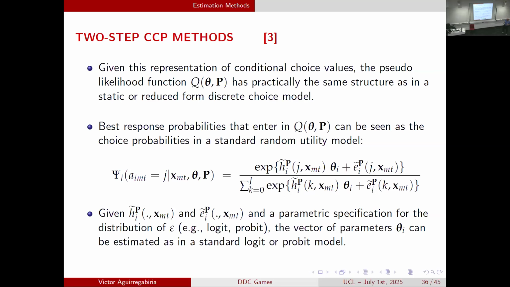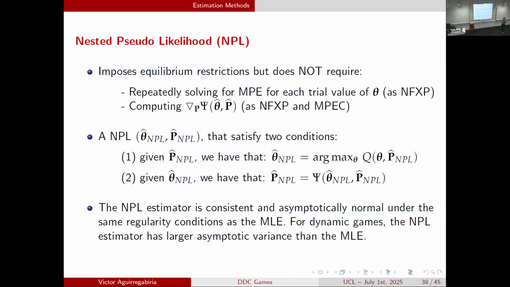The second condition is that these choice probabilities should be in equilibrium. Of course, the choice probabilities that we input as non-parametric estimates in the two-stage estimator will be very different from the predicted choice probabilities.